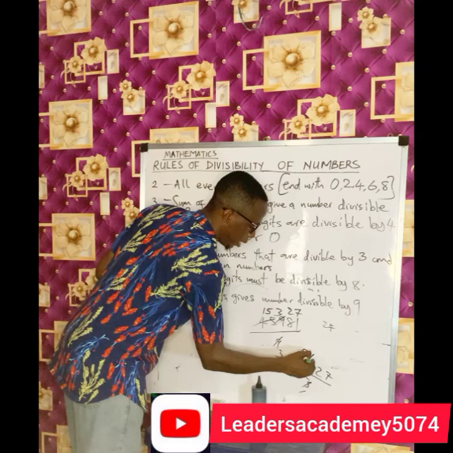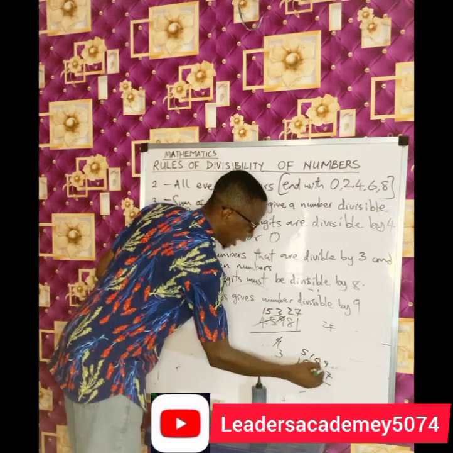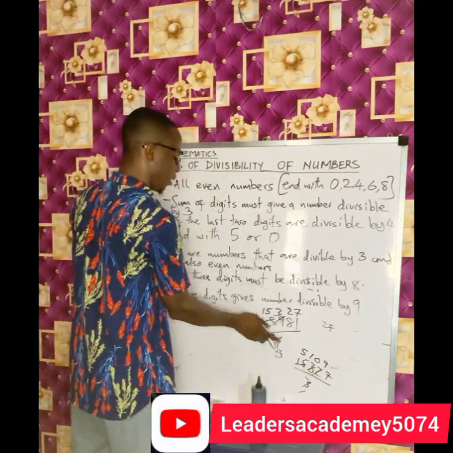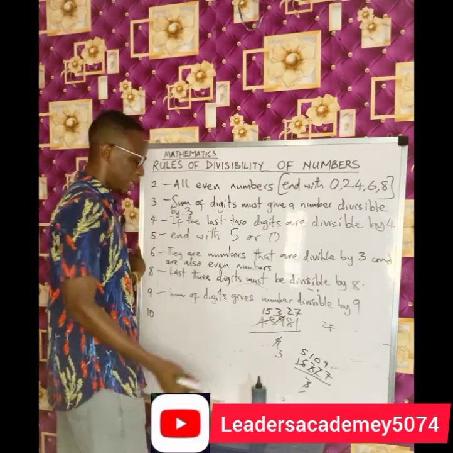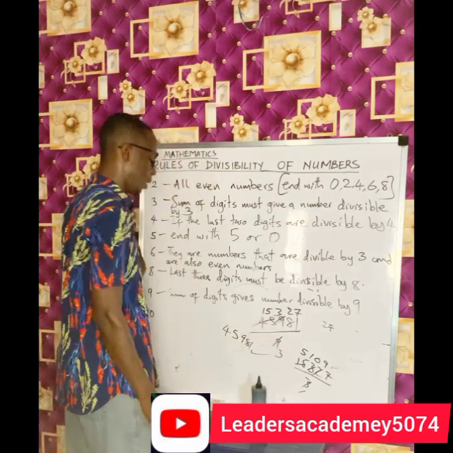This gives me 1, this gives me 0, and this gives me 9. Good. Now this 5109 times 9 will give me the same value. Therefore, this number is divisible by 9. So 4, 5, 9, 8, 1 is divisible by 9.